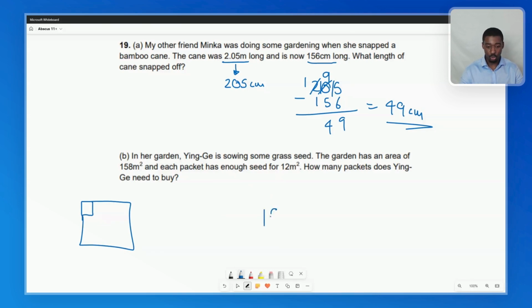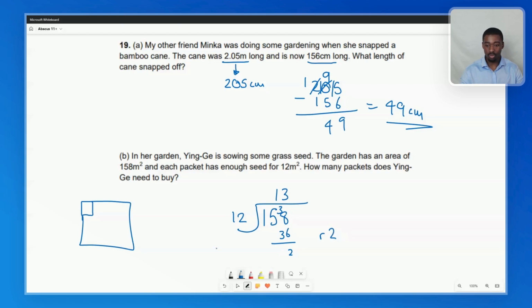We have 158 divided by 12. Well, 12 goes into 15 how many times? Once. Remainder 3. And 12 goes into 38 how many times? It's going to be 3 times, because 12 times 3 is 36. But the problem here is that this leaves a remainder of 2.